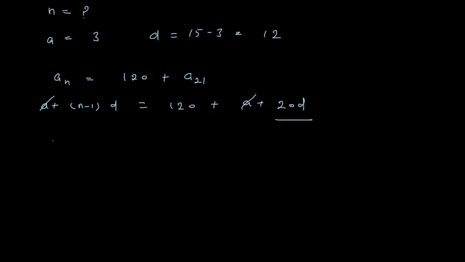So it is (n minus 1) into d minus 20d, and this is 120. So d we will take common: (n minus 1 minus 20) into d is equal to 120.